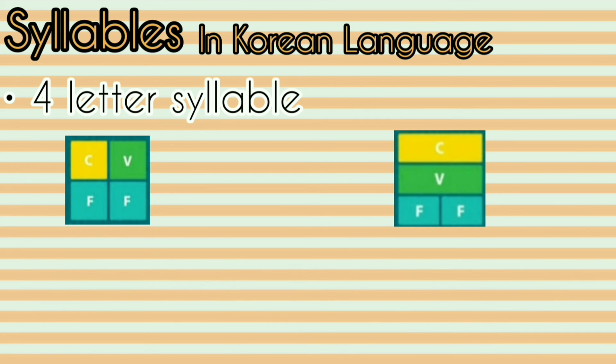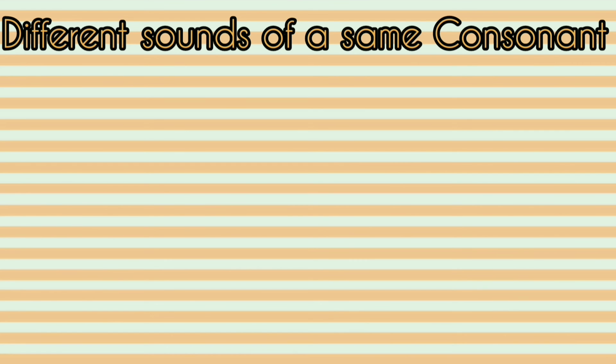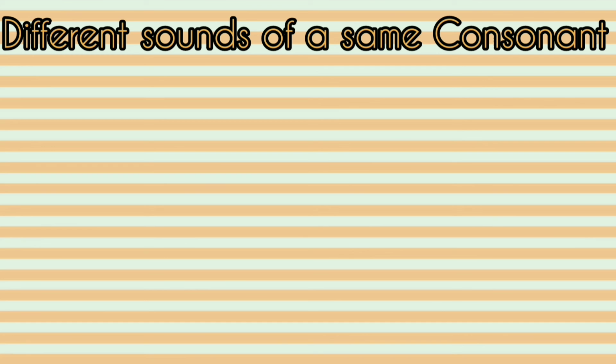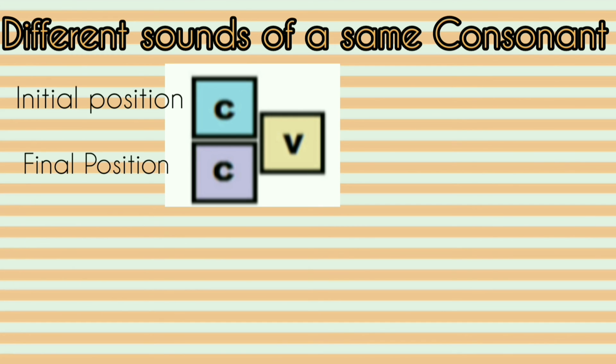Another important thing that I want you to know before starting to learn the Korean alphabet is the different sounds of the same consonant. As I have told you earlier, each consonant of the Korean language gives a distinct sound, but actually, depending upon the position, each consonant can give more than one sound.